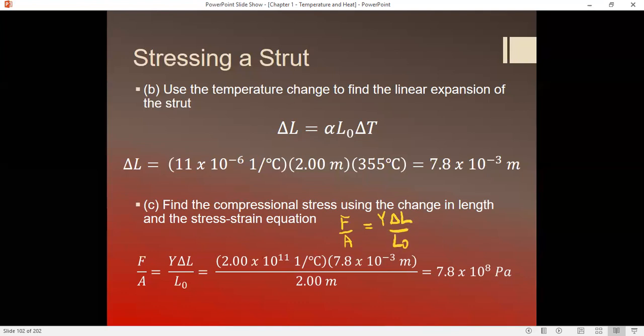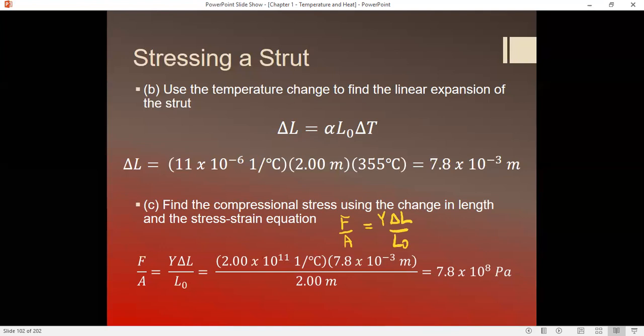Okay? Basically what this is, it compares stress to strain. The Young's modulus gives us a ratio, it gives us the proportionality between the two. Again, you'd have to look at some previous chapters to come up with this.